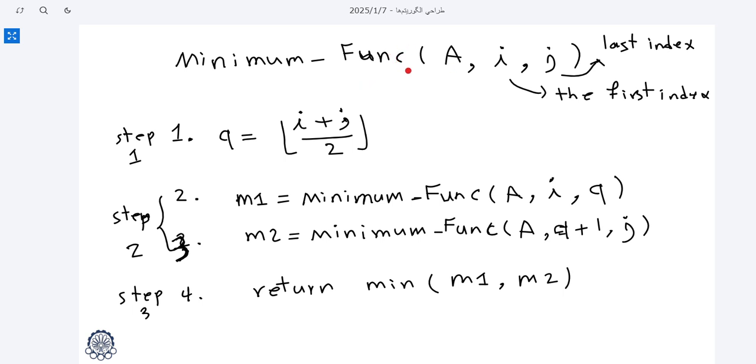The algorithm calls itself recursively, then that call will call itself recursively, and so on. These recursive calls should be stopped at some point. Otherwise, we fall.